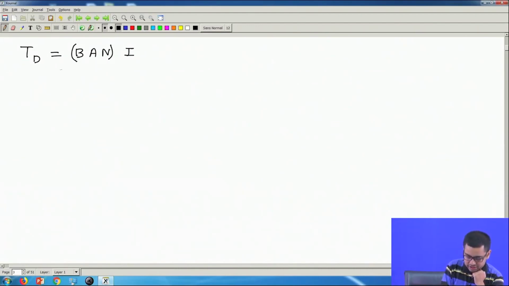So, all these constants we can write together as a common constant, and I am giving it a name G. So, we can write that Td is equal to G multiplied by current, and this G is often called the galvanometer constant.